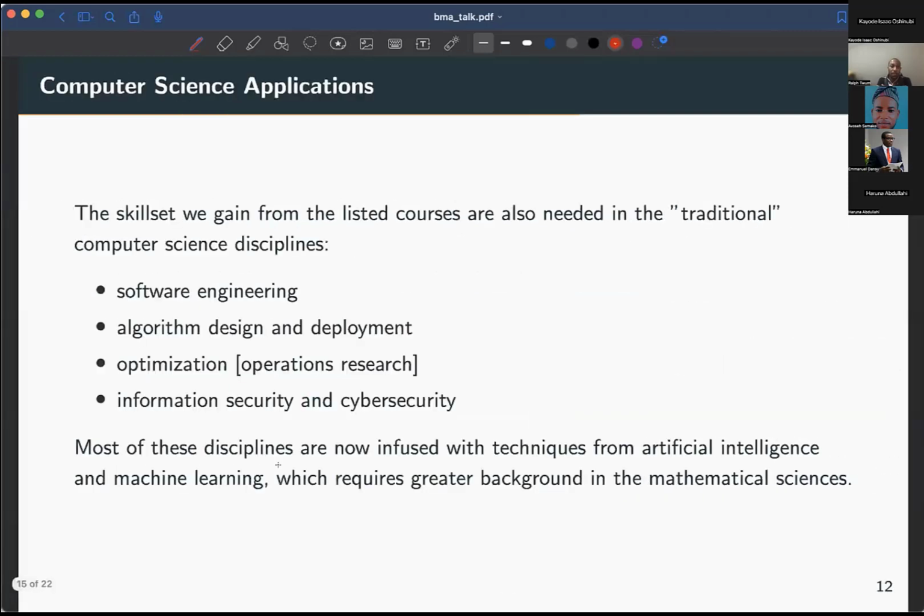Okay. Now, the so-called traditional computer science disciplines are also a good place to look. Basic software engineering, algorithm design and development, operations research, and information security and cybersecurity. The difference now is that these disciplines are being infused with techniques from artificial intelligence and machine learning.